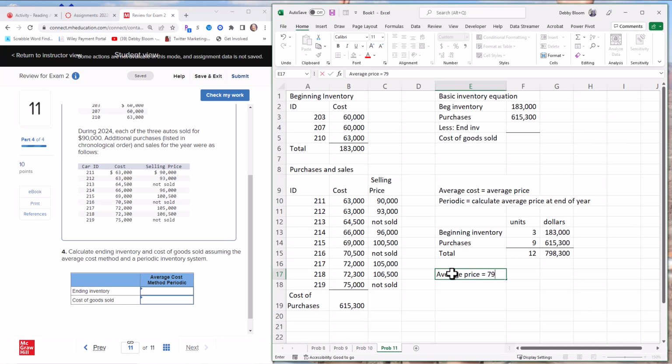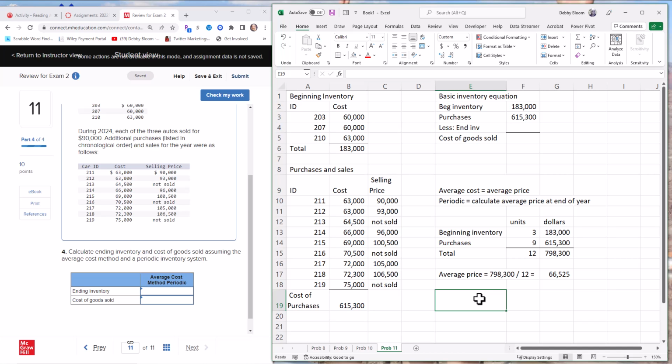So I'm going to take 798,300 and divide by 12. I get $66,525 as the average price.